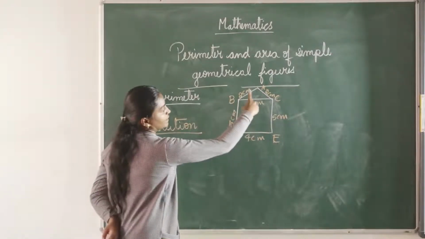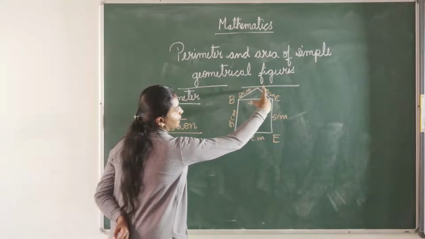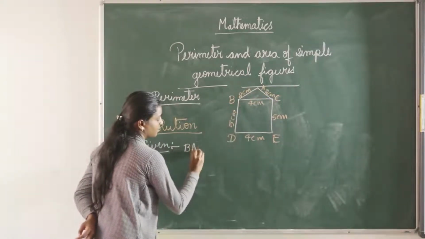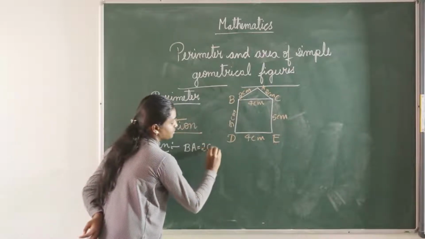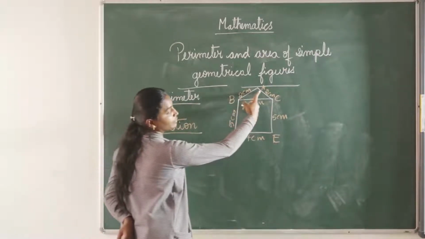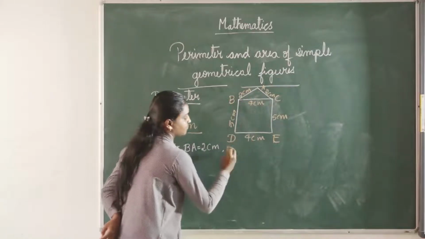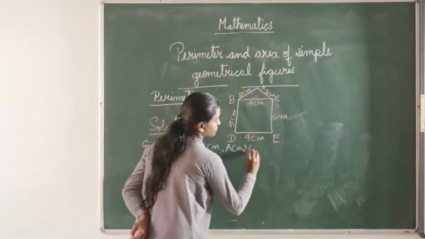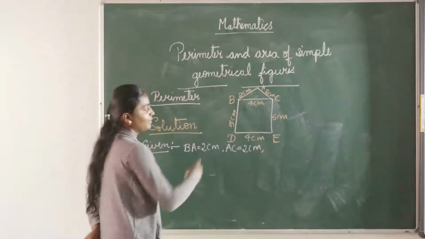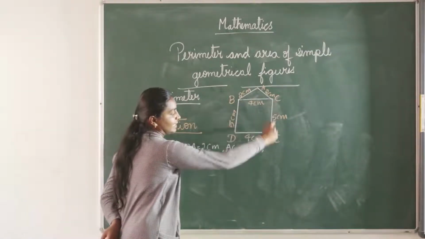Here they have given the measurement of BA. BA is how much? 2 centimeter. Then they have given the measurement of AC. That is 2 centimeter. Then they have given the measurement of CE.